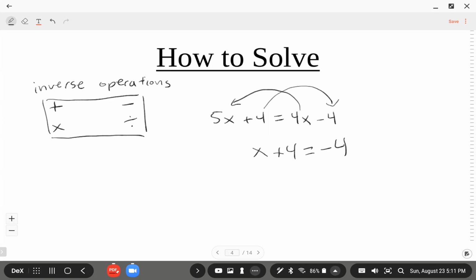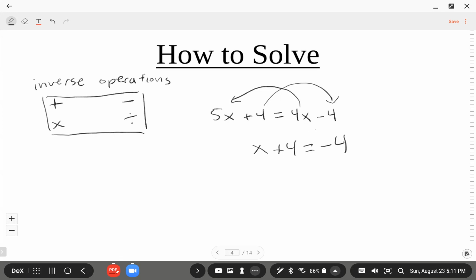Now, why do we need to use inverse operations? Well, to move 4x to the left-hand side, we need to subtract 4x from the right-hand side, and we need to cancel out 4x on the left-hand side, right? We need to just cancel it out.